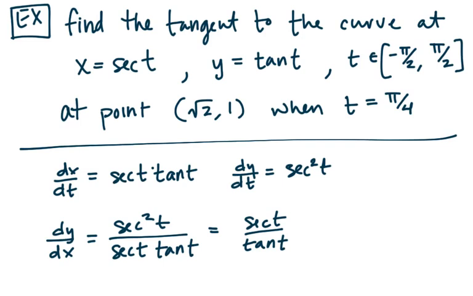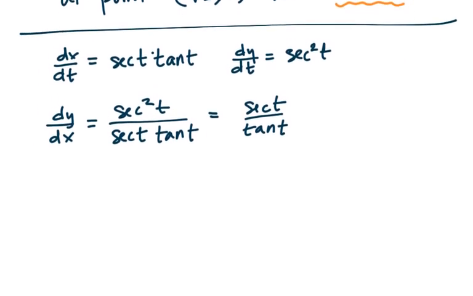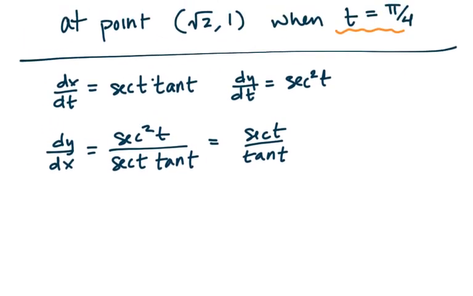And what we know about derivatives is that if I evaluate the derivative at the specified value, the derivative tells me the slope there. So if I want to find the slope when t equals pi over 4, what I would need to do would be to evaluate my derivative, dy/dx, at t equals pi over 4.